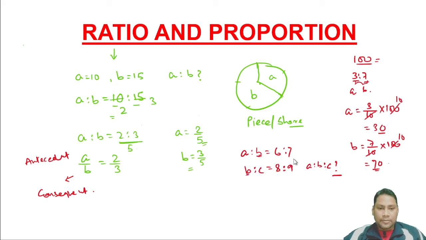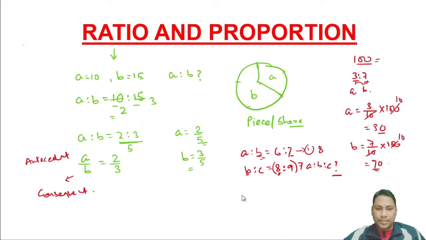In the first equation the ratio of B is 7 and in the next equation it is 8. So we will first convert B to the same value. We multiply the first equation by the value of B in the second, that is 8, and multiply the second by the value of B in the first, that is 7.